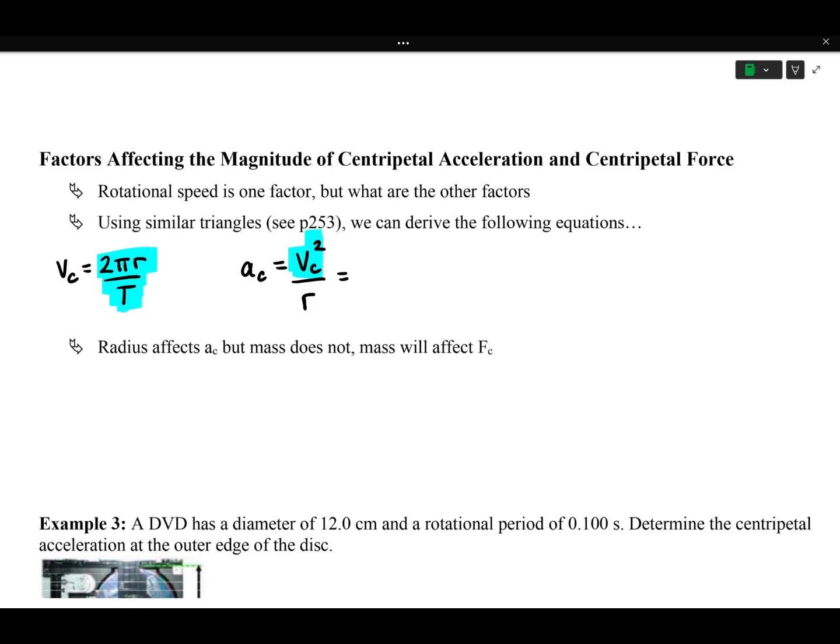So this now will become 2 pi r over t, squared, divided by r. If I bring that exponent into the bracket, it'll become 2 to the power of 2, which is 4, pi squared r squared all over r times t squared. So take a second to let that sink in.